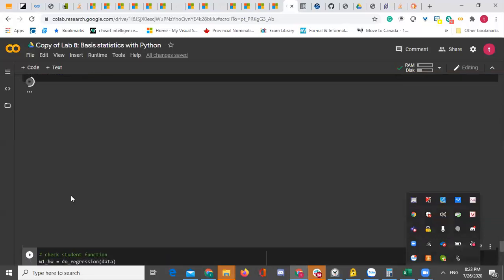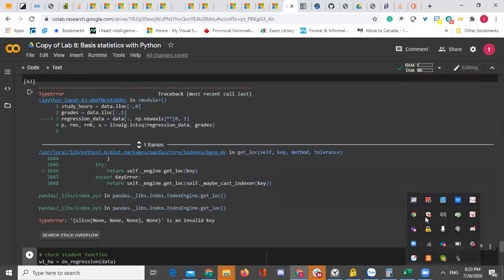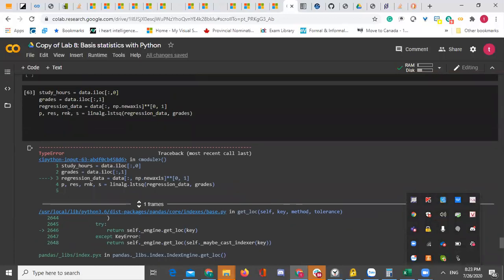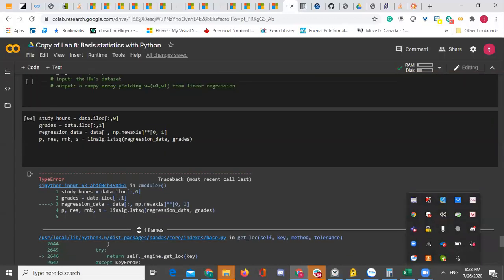Okay. Size now is non-valid key. Data. You see, it's not data, you should use in front at the third line. It is the study hours. Oh, okay.